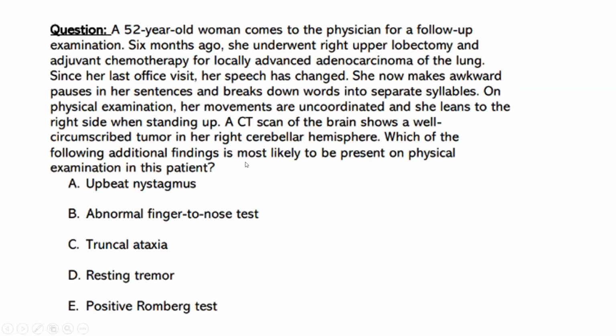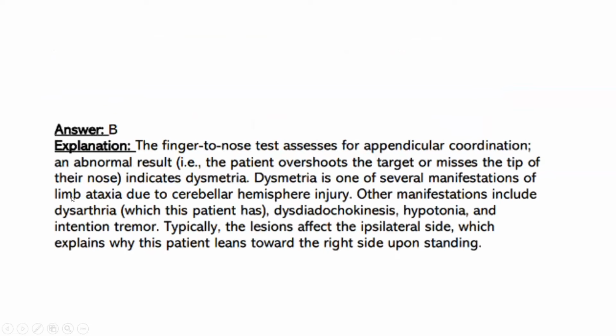And here we're looking for a limb issue or a limb tremor, and that's why you're going to get your abnormal finger to nose test, which indicates dysmetria, like it says here.